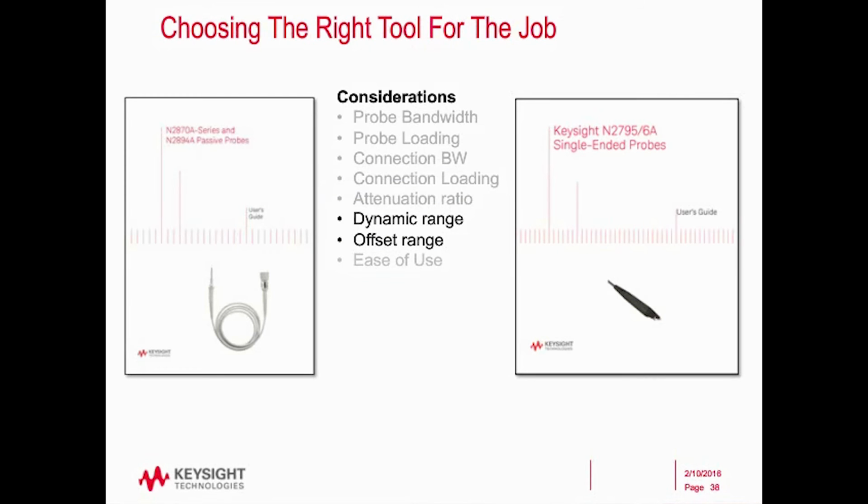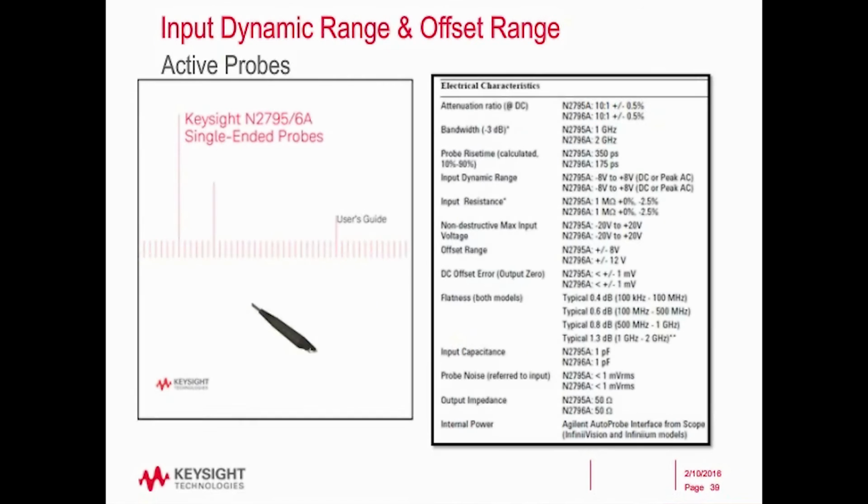Next thing I'm going to touch on is dynamic range and offset range, and these are in the context of active probes. To understand this better, let's consider the characteristics and specifications that you'll typically see for an active voltage probe. First one I highlighted here is input dynamic range.